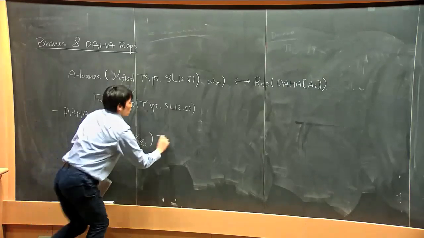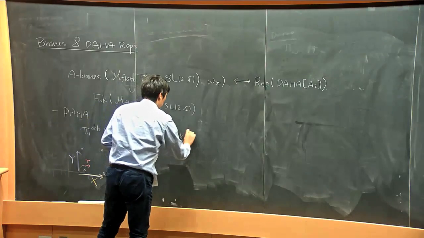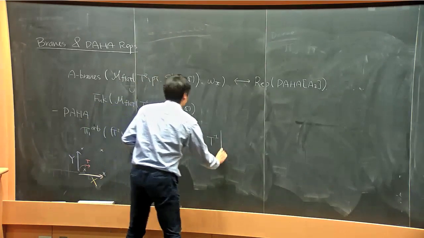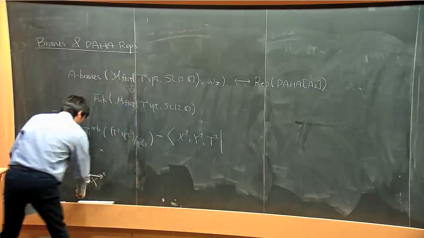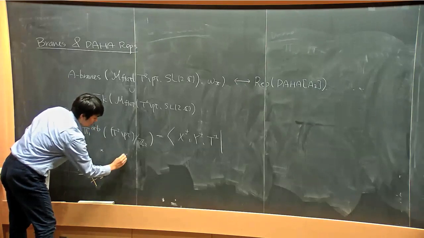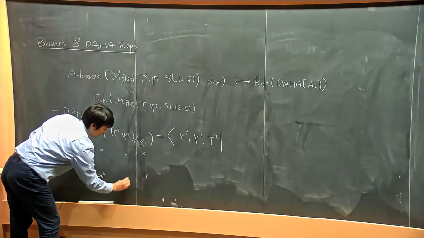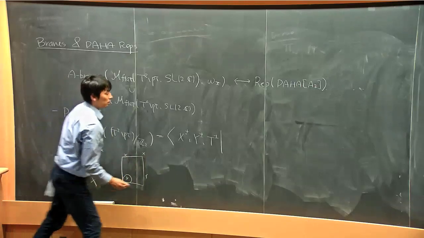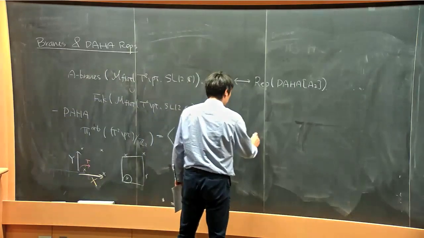So there are three generators, X plus minus, Y plus minus, and T plus minus, and through the relations, if you consider T squared X, Y, X inverse, Y inverse, which is 1, trivial.